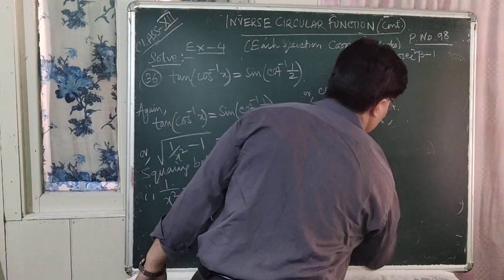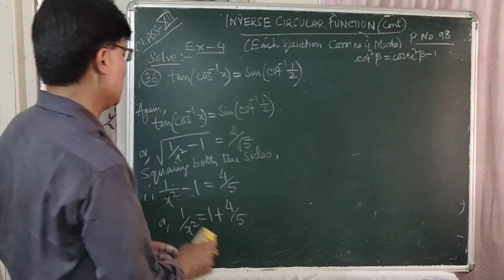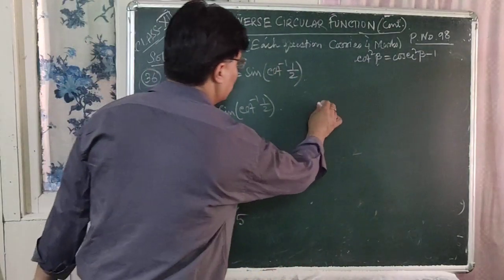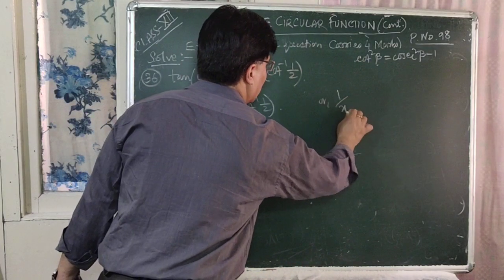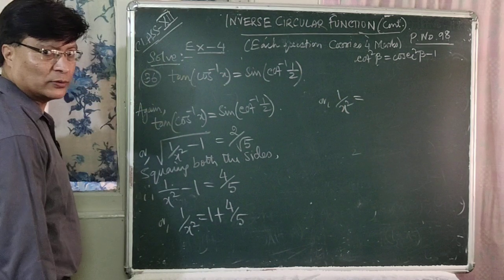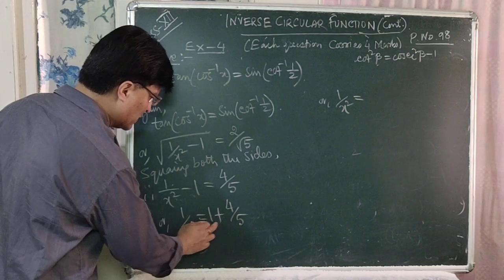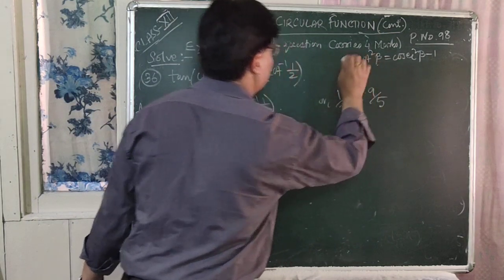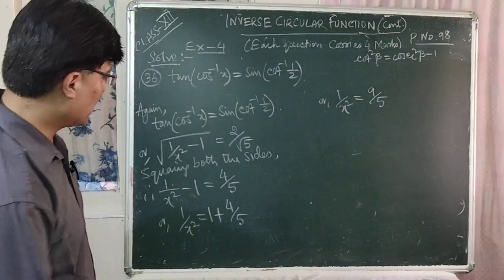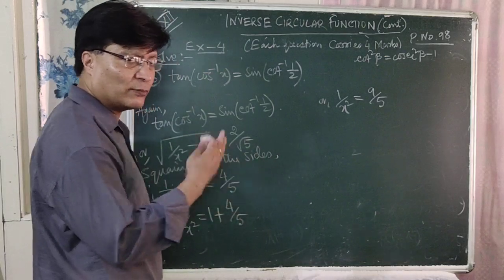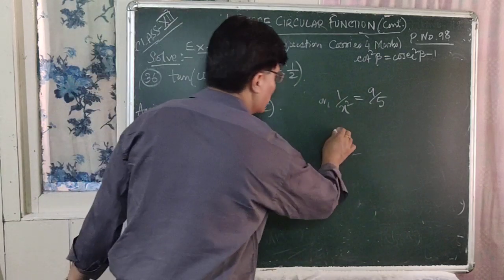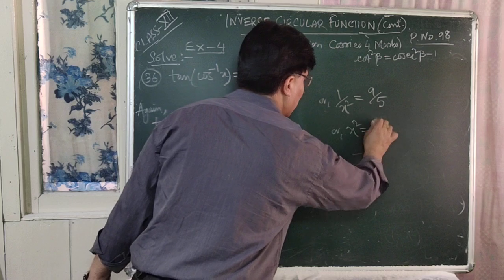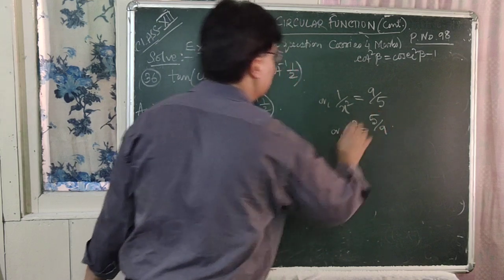So now let us simplify it once again. So what do we get? 1 upon x square is equal to 5 ones are 5 plus 4, that is 9 by 5. Right? So you can invert both the sides now to get the value for x square, that is x square is equal to 5 by 9.